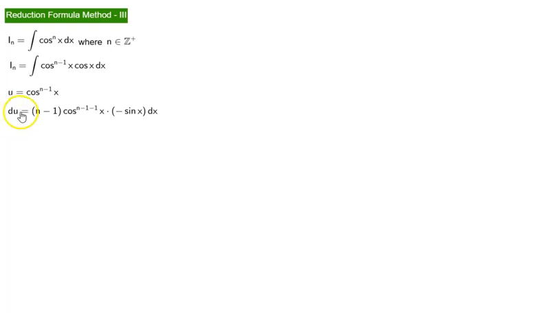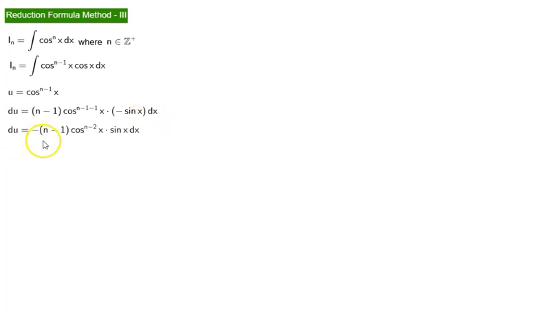We get du equals n minus 1 times cos to the power of n minus 2 x times the derivative of cos x, which is minus sin x dx.